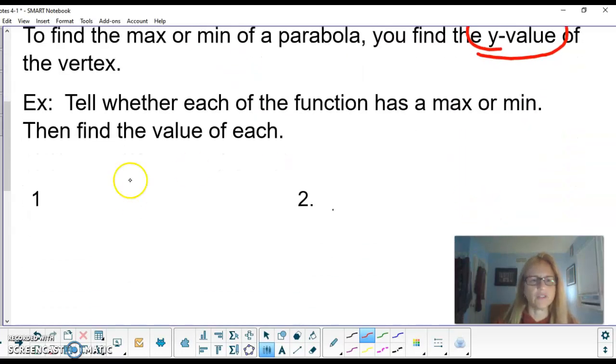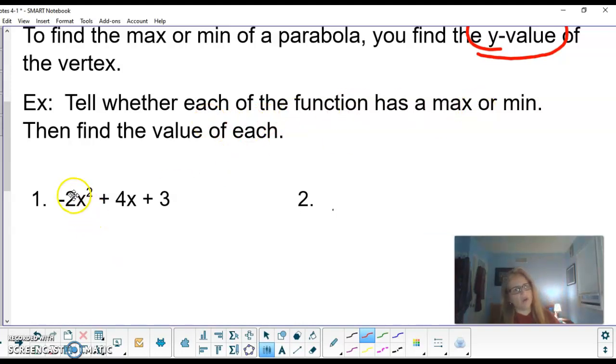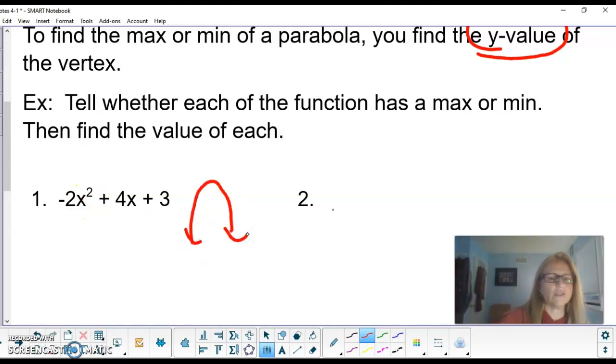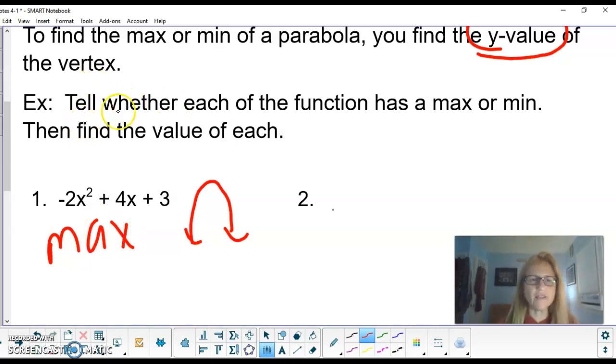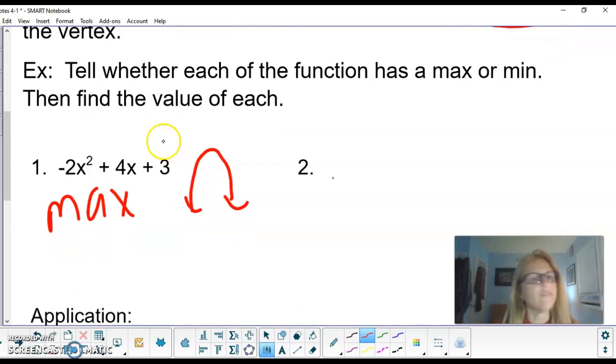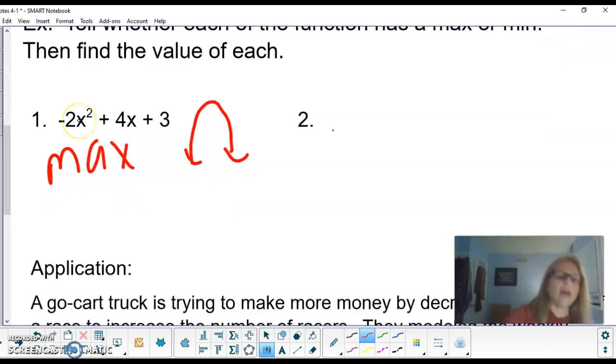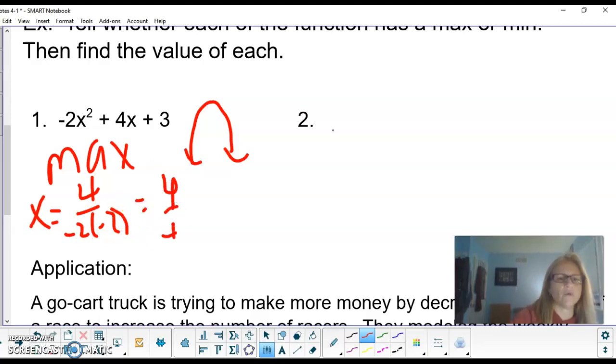So here's your first one. It says, tell whether it's a max or a min. Looking at it, A is negative, so you know it's going to open down, so it has a maximum. Okay, so to find the value, we want the maximum, we need the y coordinate. Well, we can't find the y coordinate until we find the x coordinate. So our x coordinate is going to be 4 over -2 times -2, which would be 4 over 4, or 1.